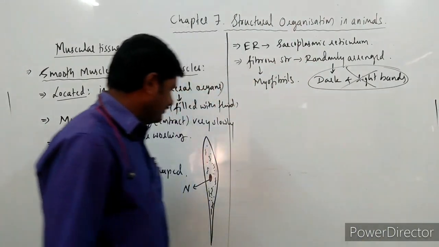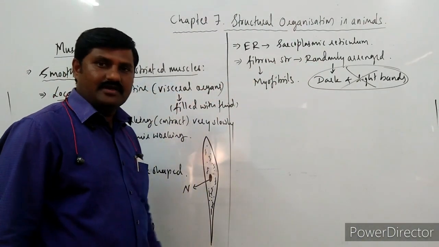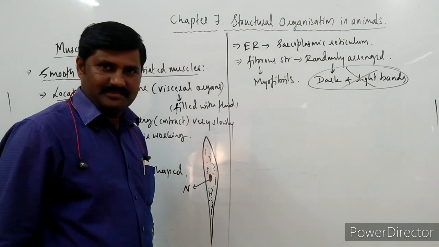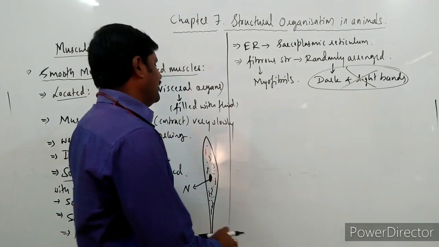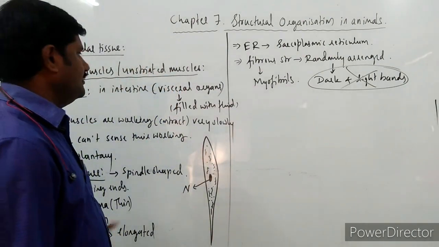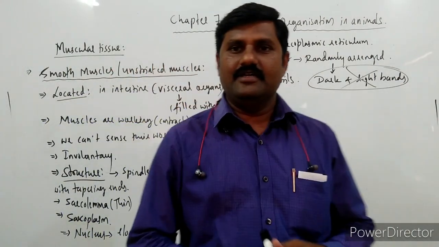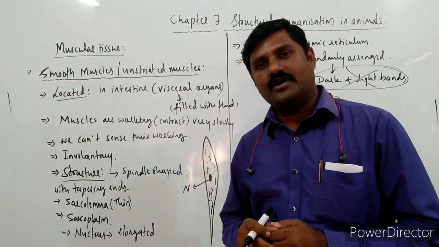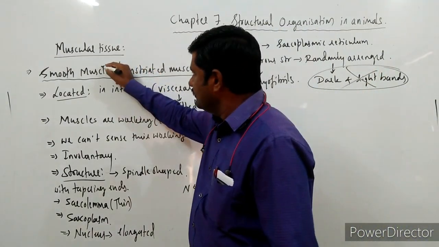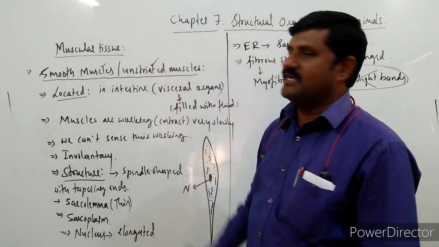That kind of muscle fibers are what? They are smooth muscles. Their surface itself is smooth. So these muscles have these kind of characteristic features. Alright, so this is about the smooth muscles, or they are also called as unstriated.